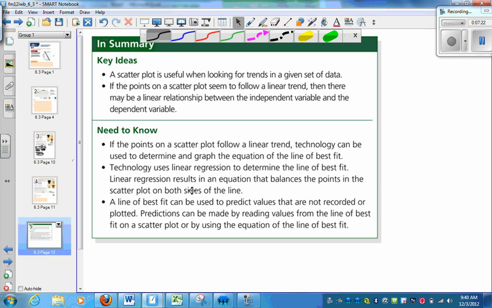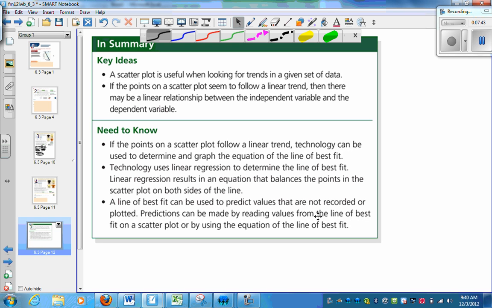Technology uses linear regression to determine the line of best fit. Linear regression results in an equation that balances the points in the scatter plot on both sides of the line. A line of best fit can be used to predict values that are not recorded or plotted. Predictions can be made by reading values from the line of best fit on a scatter plot or by using the equation of the line of best fit.